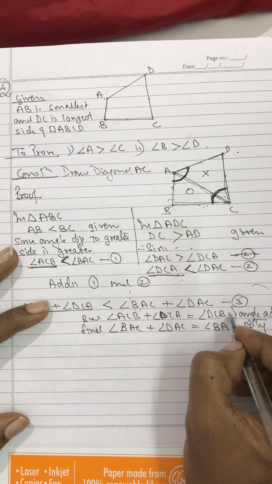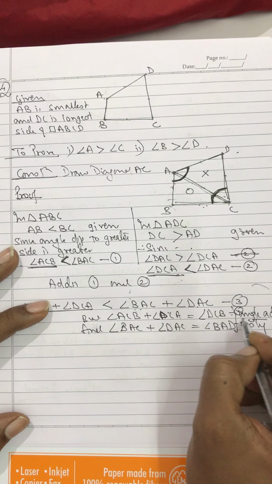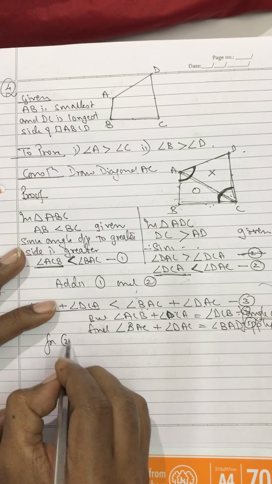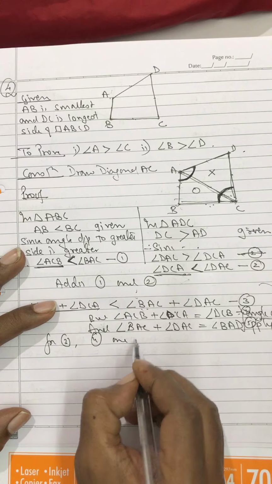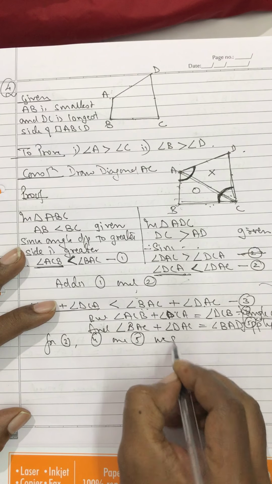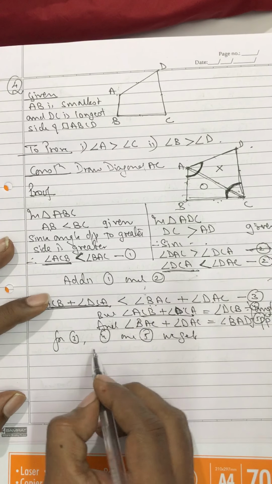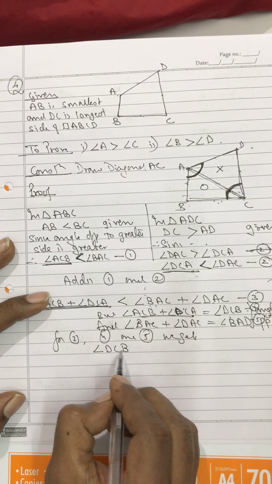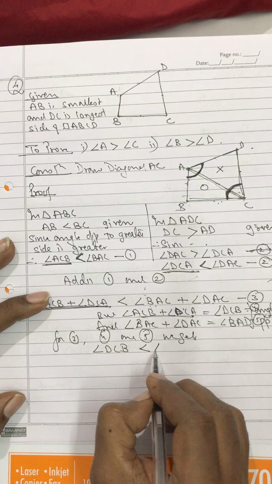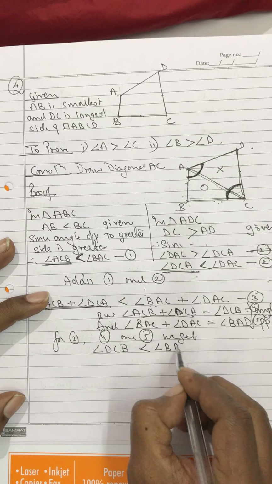Then, substituting from 3, 4 and 5, what do we get? In place of this I will write angle DCB is going to be still smaller than angle BAD.